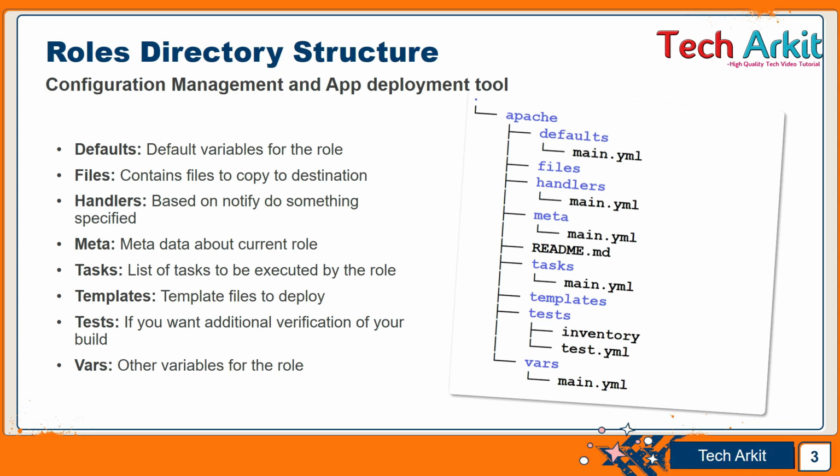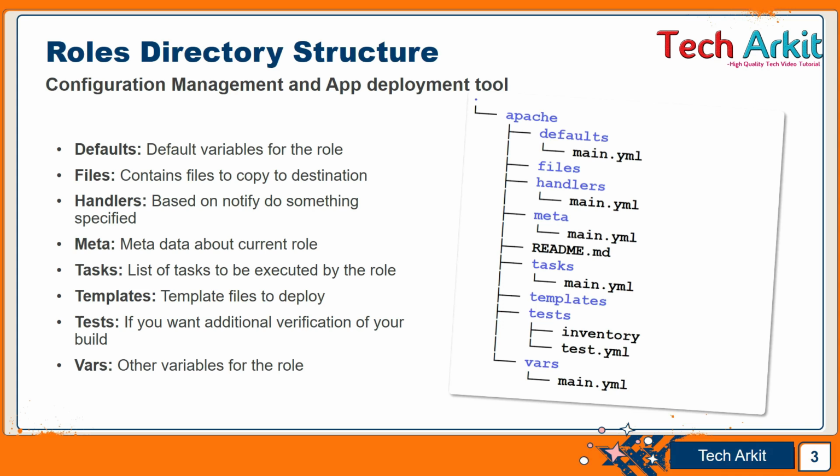Handlers do something based on notify. Whenever you have a notify with a subject in the playbook, the same subject is called on the handler to do something. For example, after deploying new files on the web server or the Apache server, I want to restart or reload the service. That's what the handlers do.